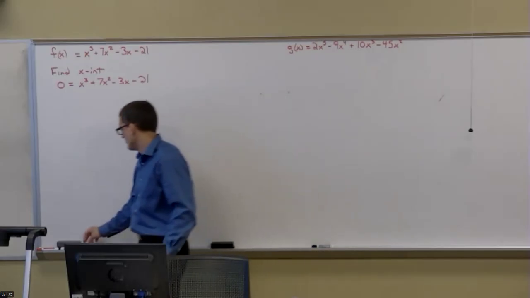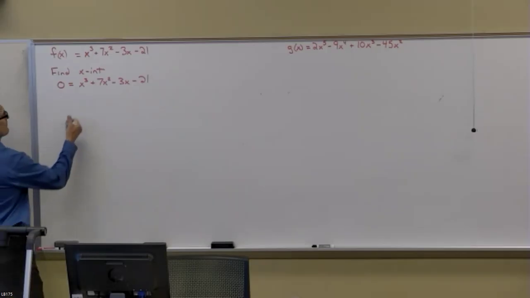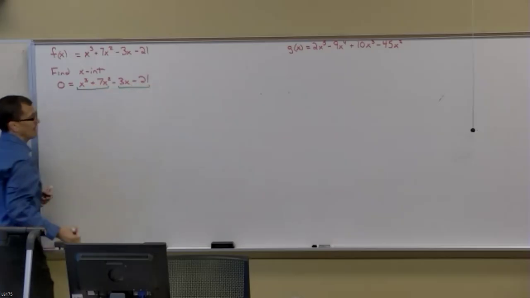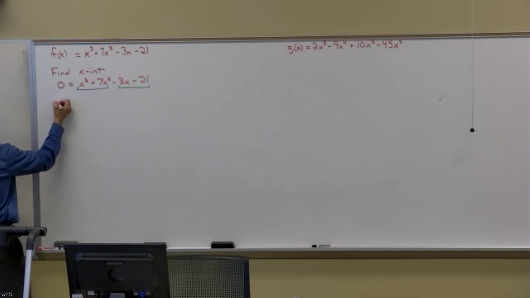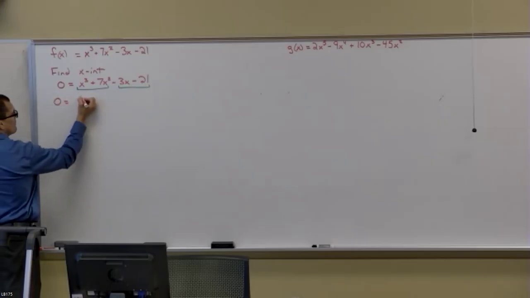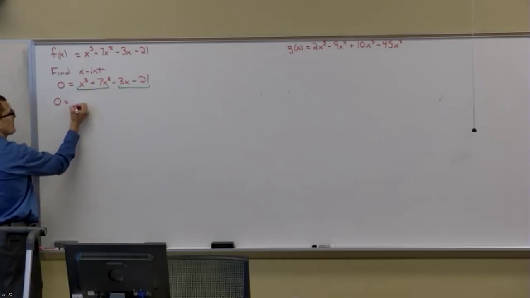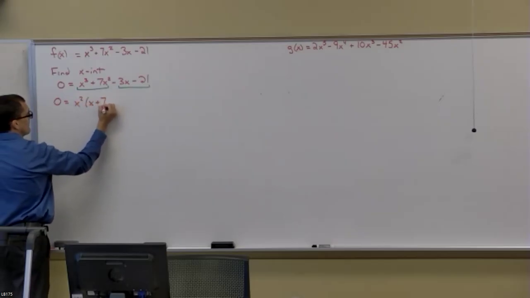But what I can do is match these up, or pair these up, in this case. Now, this is not going to work for every cubic that you run into. But in this special case, if I look at this pair and this pair, after I pull out the greatest common factor of this first pair, which will be x squared, I'll be left with x plus 7.